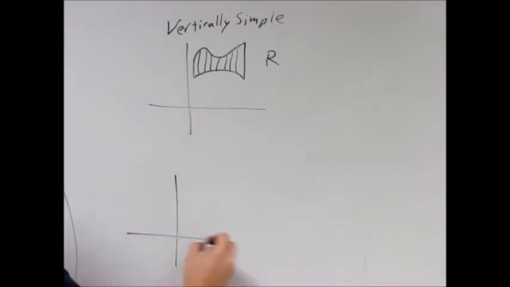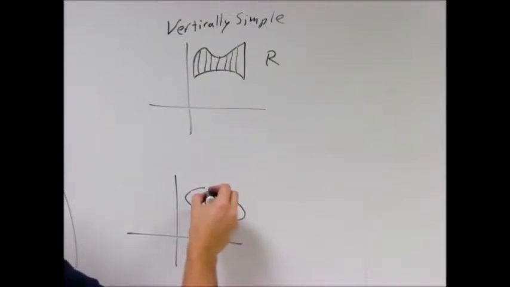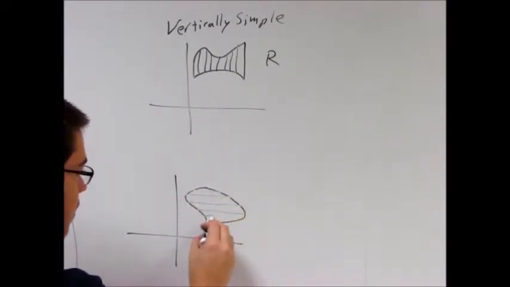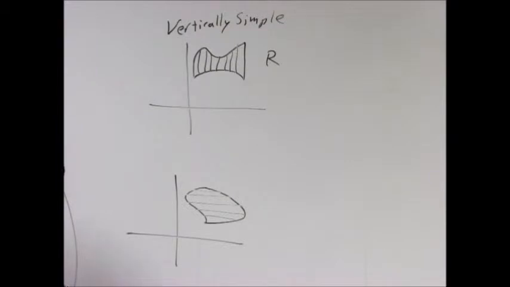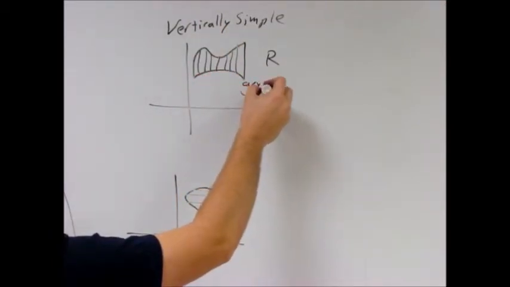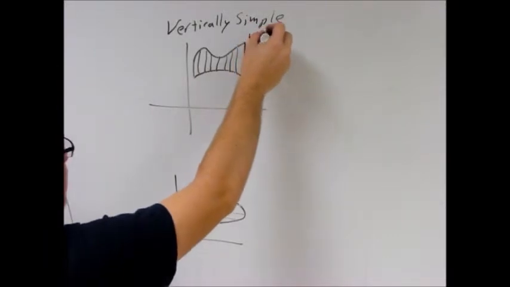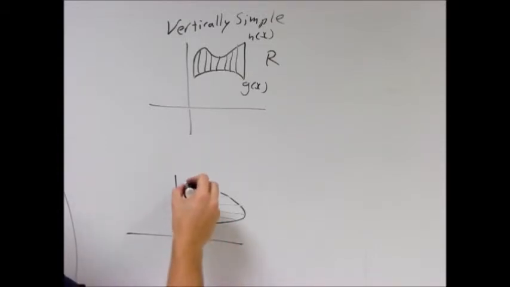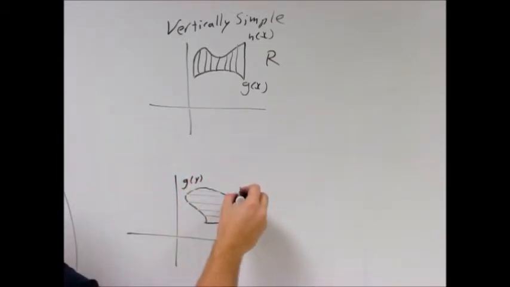And horizontally simple is just the other way around, where you can have horizontal slices, but maybe not vertical slices. So basically this one is just a region that's between two functions, g of x and h of x. And this one is the other way around, just functions of y, g of y and h of y.